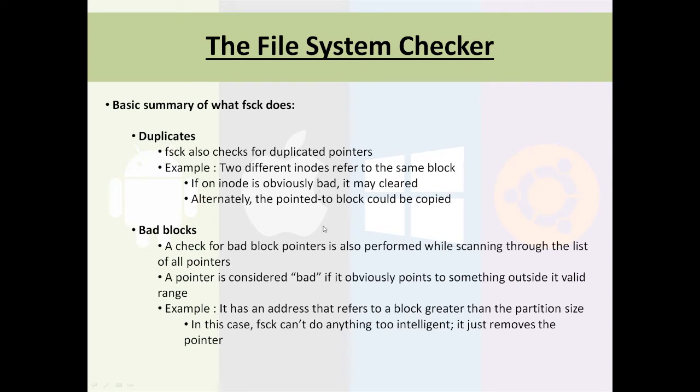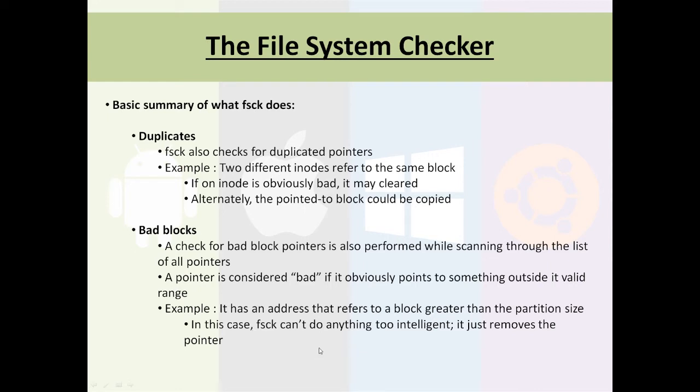In terms of bad blocks, a check for bad block pointers is also performed while scanning through the list of all pointers within an inode. A pointer is considered bad if it obviously points to something outside of a valid range. An example is an address that refers to a block greater than the partition size.